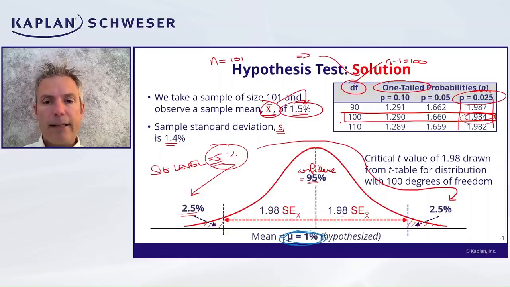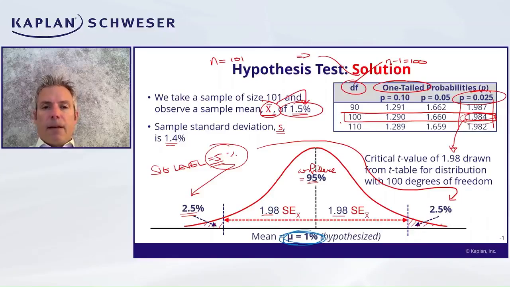We'll just call it 1.98 here. That's our critical t-value, okay? And that's really a distance. We're not willing to observe an x bar that's further away than that in terms of standard errors, because if we do, we're looking at something that's less than 5% likely.